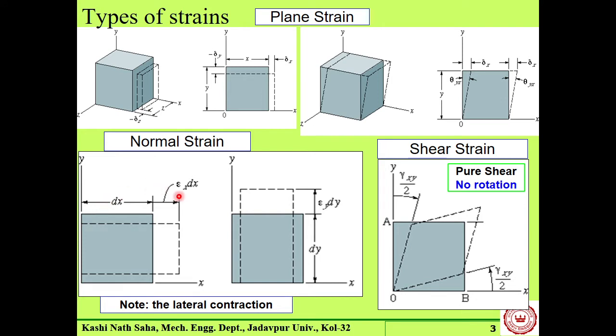So this epsilon x will be denoted by epsilon xx, this is epsilon yy, and now we have epsilon xy and epsilon yx, right. So this 2D strain field consists of 4 quantities. We can represent them by a 2 by 2 matrix, and that is clear. How this is measured is also clear.